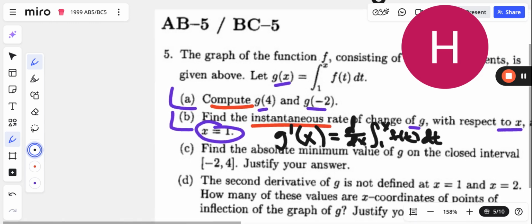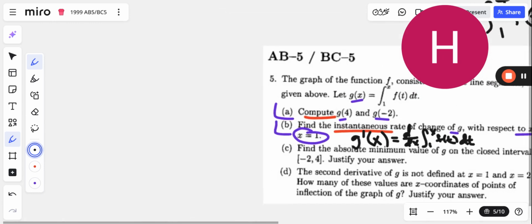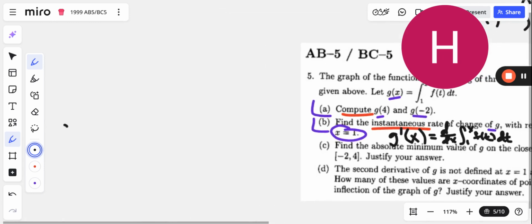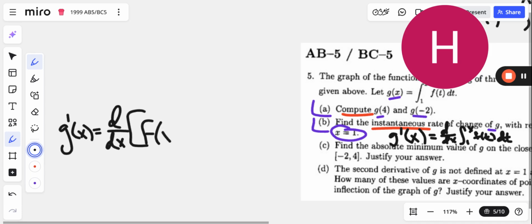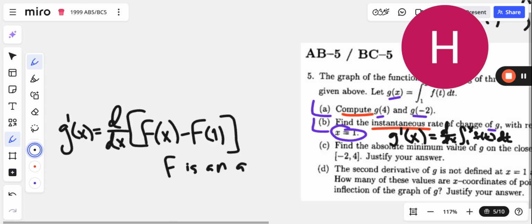Okay, so if we want to take the derivative of an integral, let's do that carefully. Let's instead say that g prime of x is equal to the derivative of capital F of x minus capital F of 1. This is where F is an antiderivative of little f.